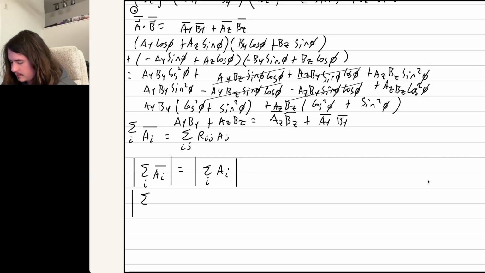So plugging in the definition of the rotation, you have the magnitude of the sum over i and j, Rij Aj, better be equal to the sum over i of Ai.